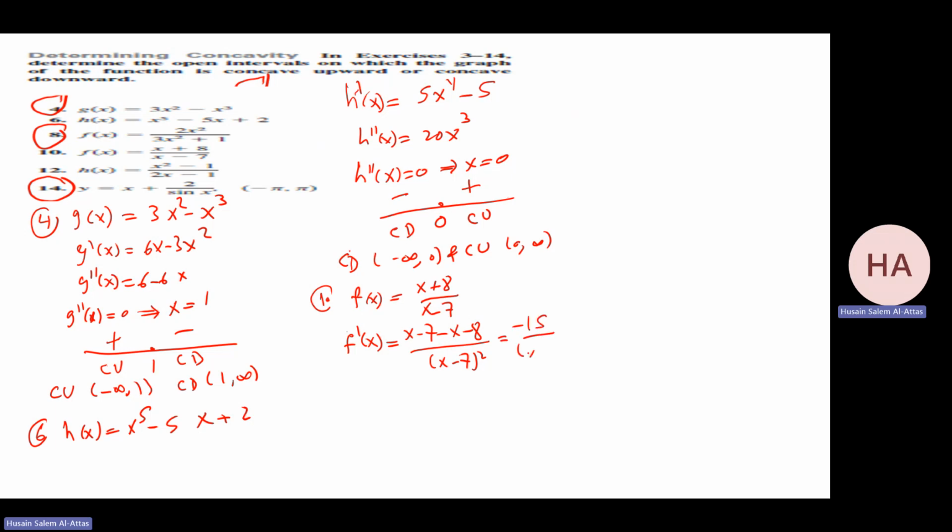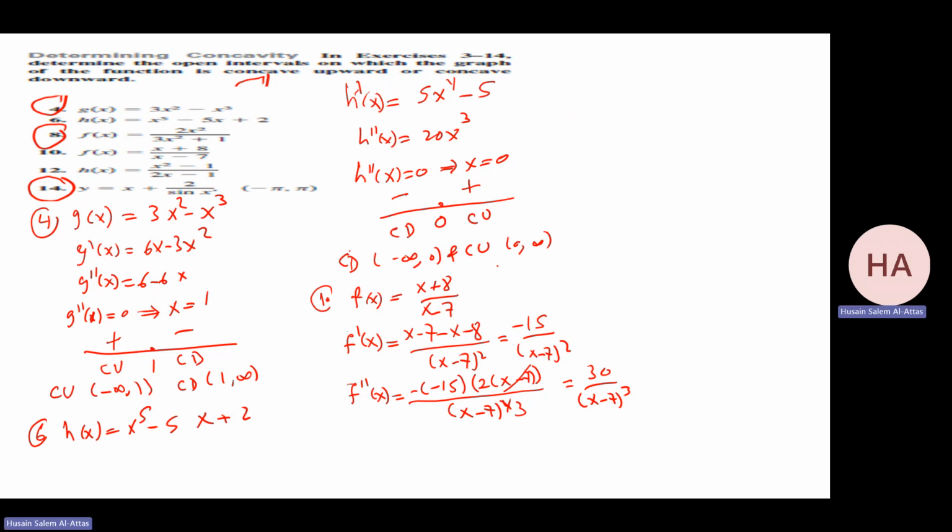That will be minus 15 over (x minus 7) squared. f double prime would be what? That will be 15 times 2 (x minus 7) over (x minus 7) to the power 4. This is 3, this is cancelled. So you have 30 over (x minus 7) to the power 3.